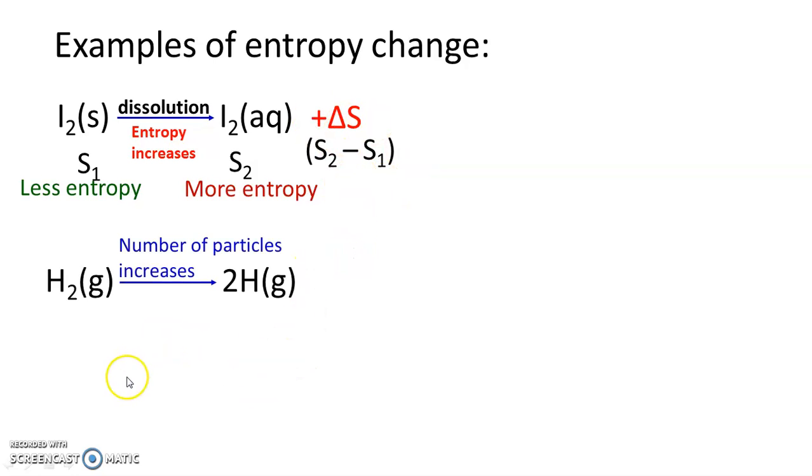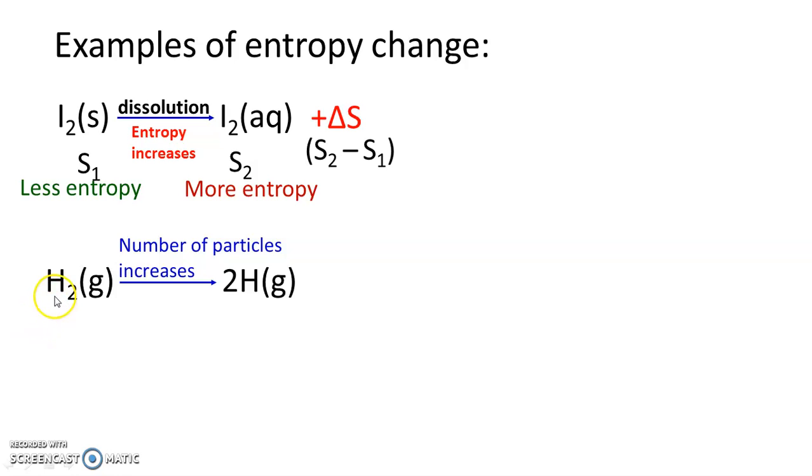Consider another example, when molecular hydrogen is converted into atomic hydrogen, the number of particles increases. Between the two hydrogen atoms of a hydrogen molecule, there is a covalent bond. Now when this bond breaks, the hydrogen molecule gets converted into hydrogen atoms. Suppose Avogadro number of hydrogen molecules are present in 1 mole of hydrogen, and when it is converted into hydrogen atoms, the number of particles will be 2 times Avogadro number.